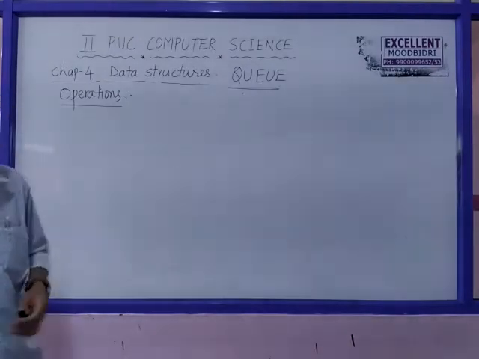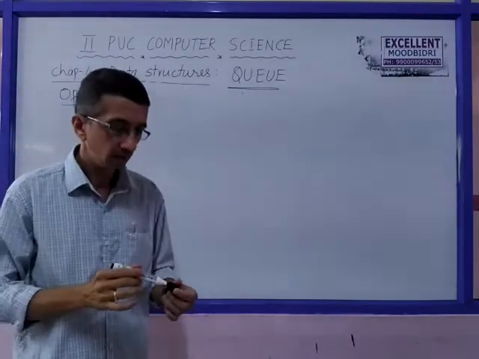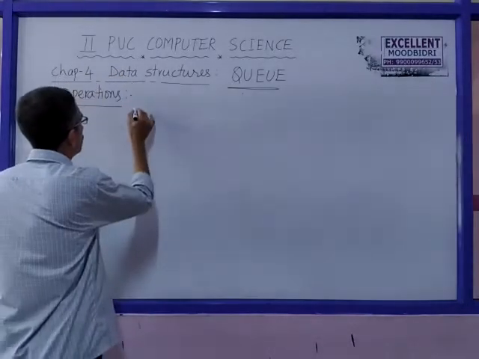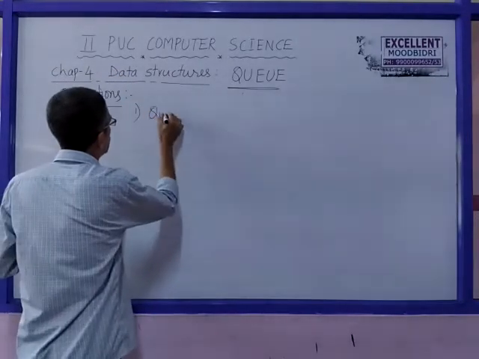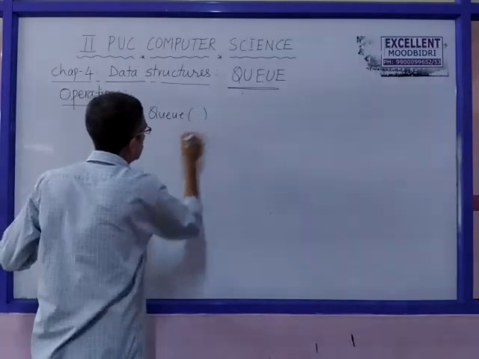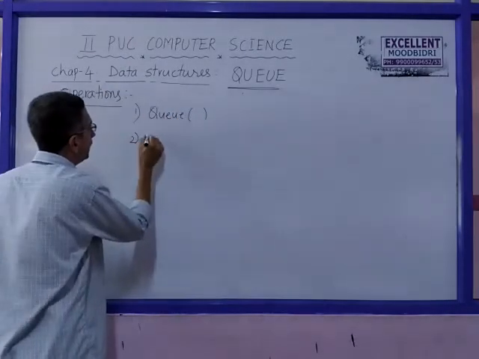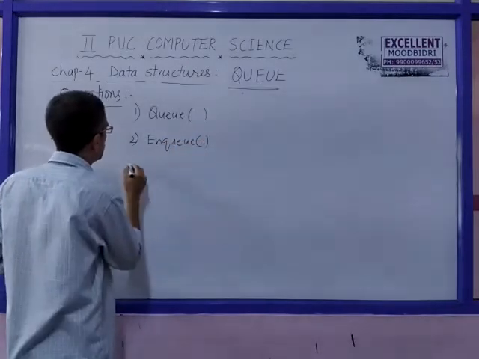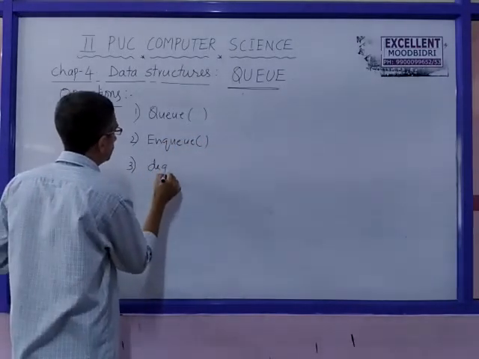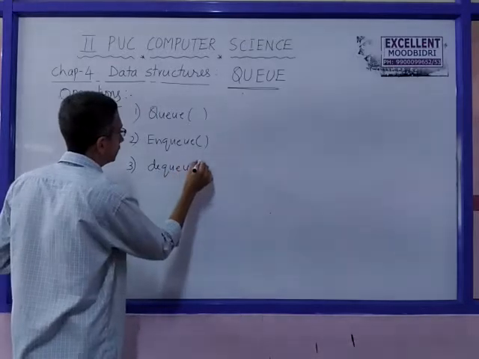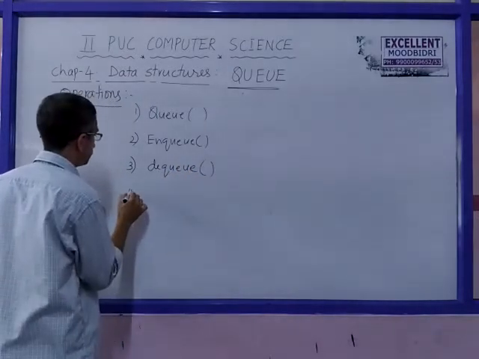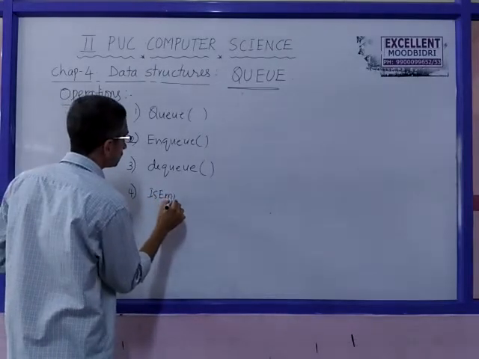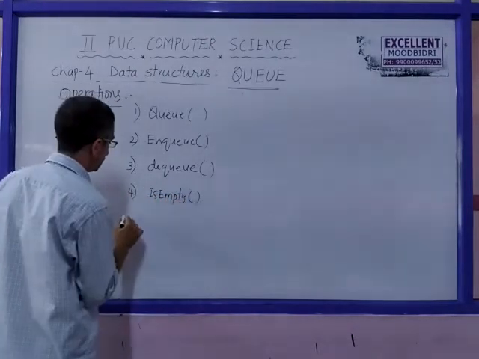The operations on queues. As seen in stacks, similar operations can be listed: queue, NQ, DQ, next, isEmpty, size.